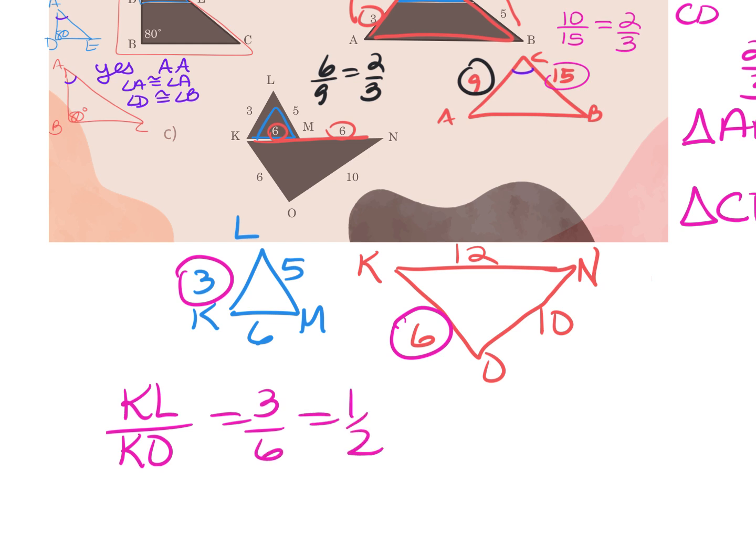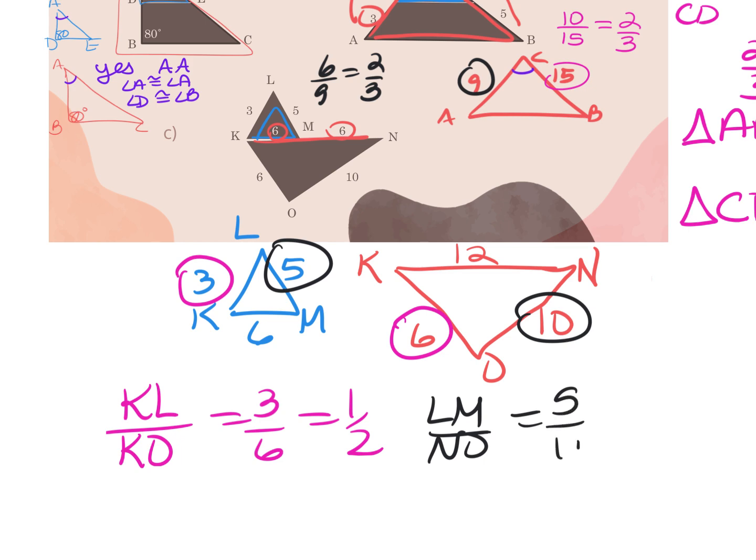Because if you're just checking to see if it's proportional, it really doesn't matter if you do big over small or small over big. Over here, the middle size number will match with the middle number here. So LM over NO, 5 to 10.